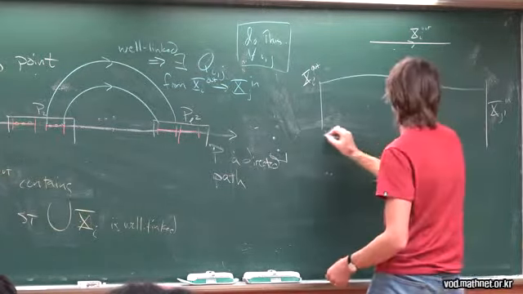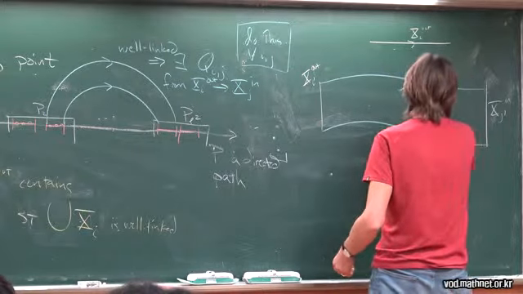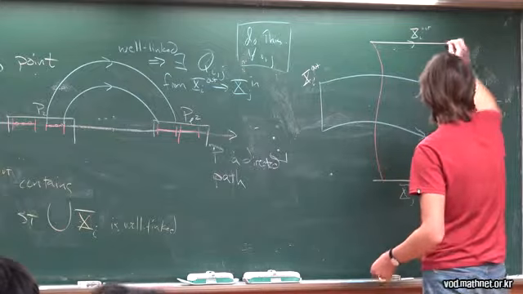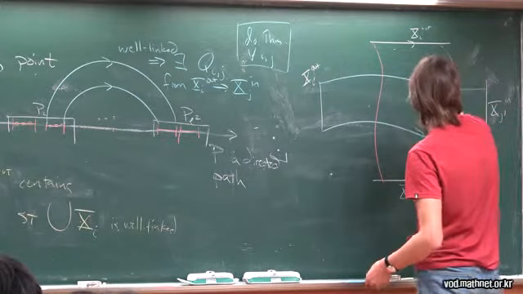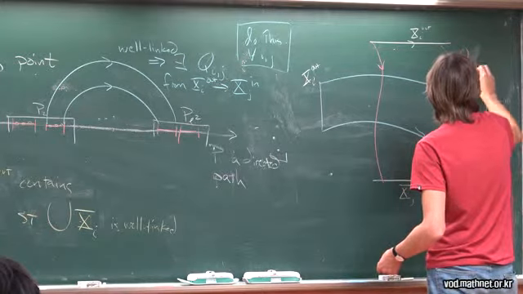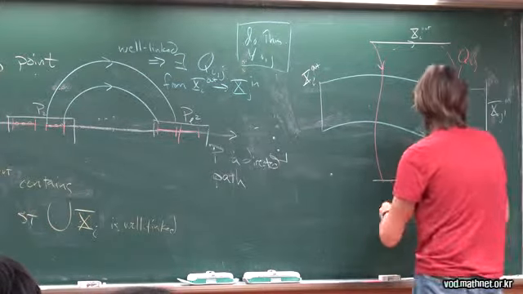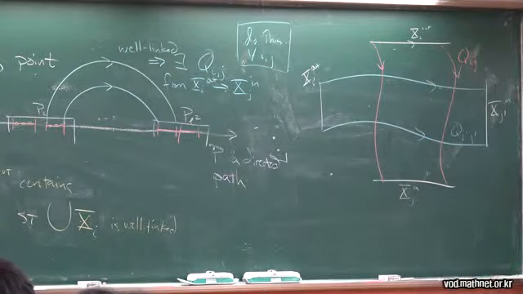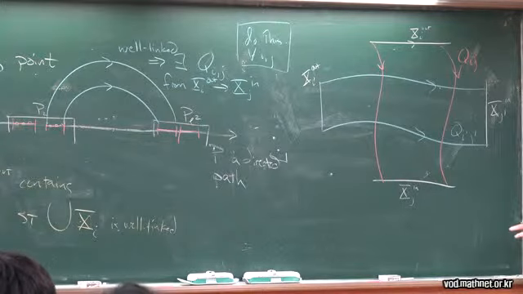So if this is Qij, this will be Qi prime j prime. Right? So I have these two linkages, Qij and Qi prime j prime.